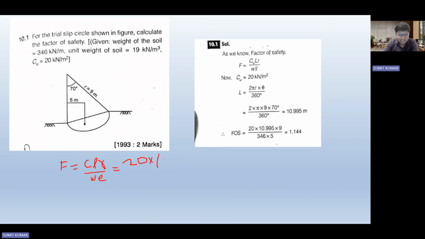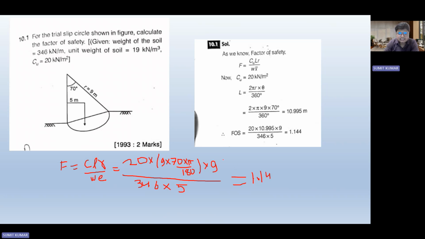So R is 9, theta is 70 into pi by 180, because we convert it into radian. L equal to R theta, multiplied by R which is again 9, divided by weight, which is given as 346 kilonewton per meter, 346 multiplied by 5, because eccentricity is given as 5, and when you calculate this, it comes out to be 1.140.